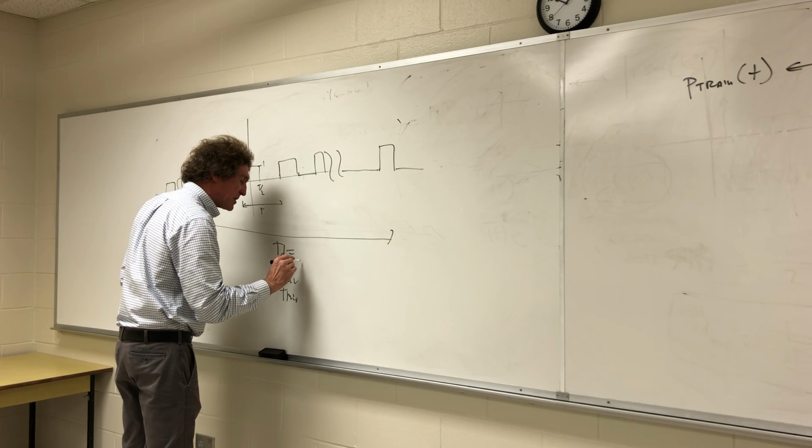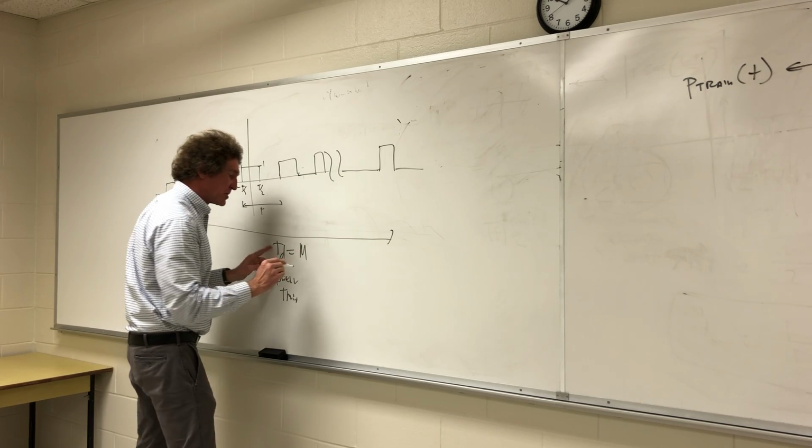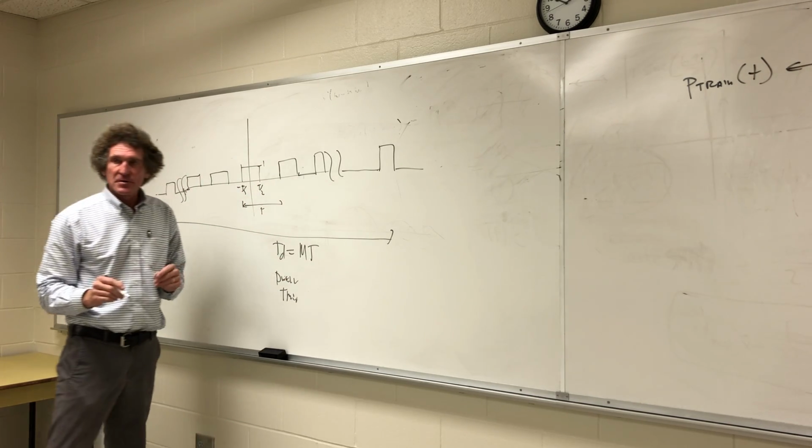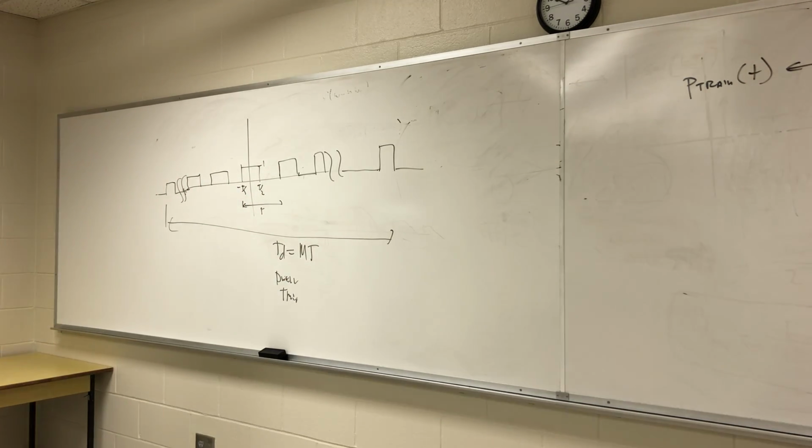T dwell is really going to be M, a certain number of T, where T would be the PRI. You all follow me? It may be 1,000, it may be 10,000. So one dwell time may have 1,000, 10,000, or 100 actual pulses. Understand?